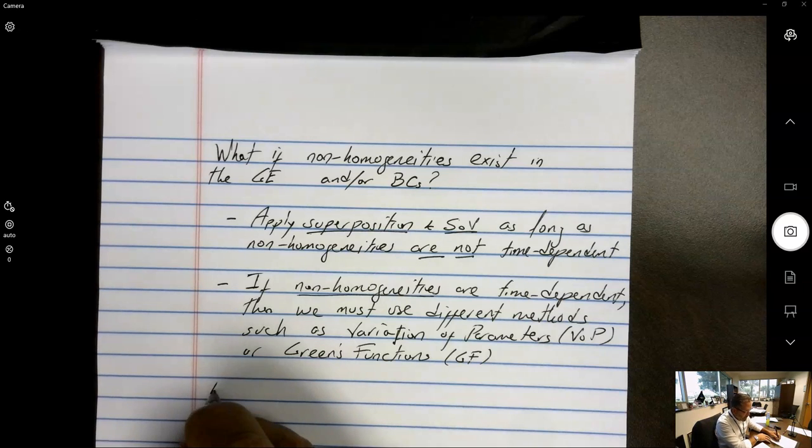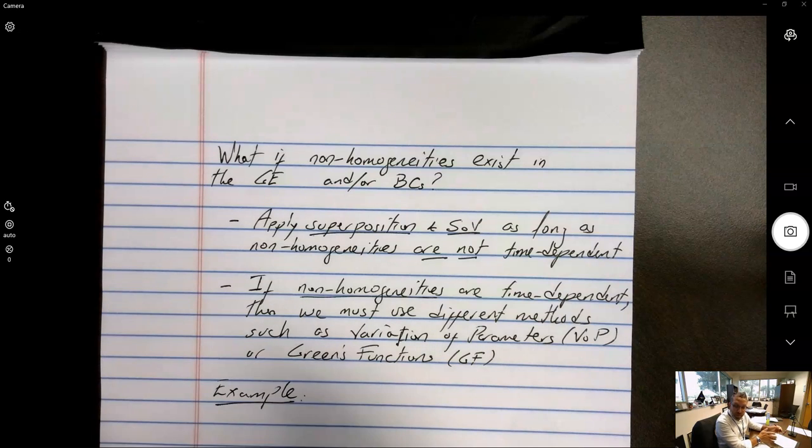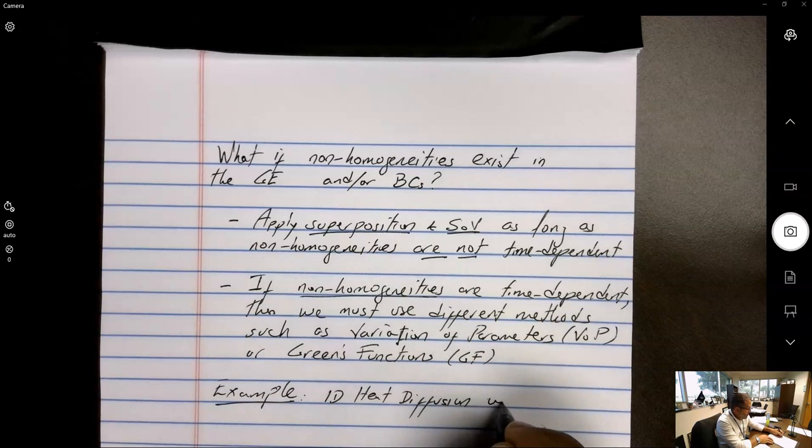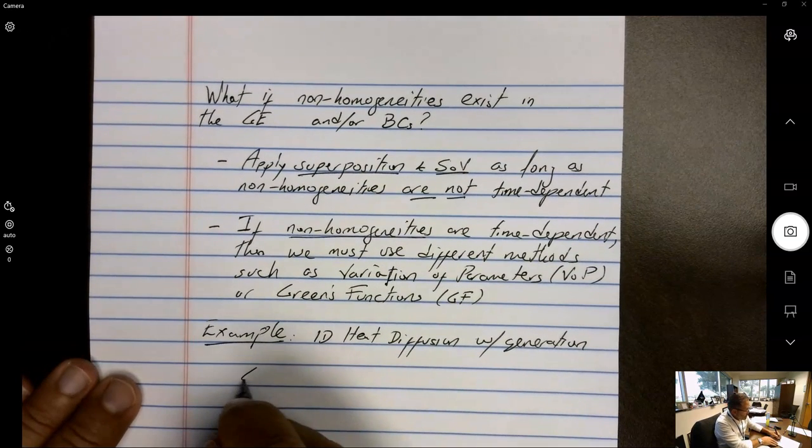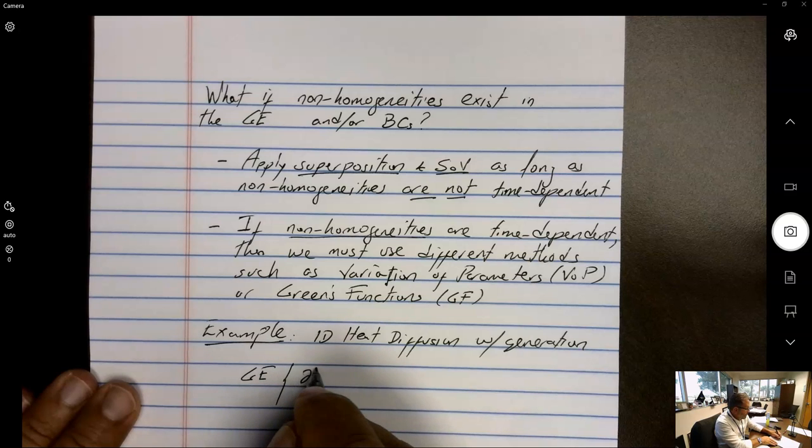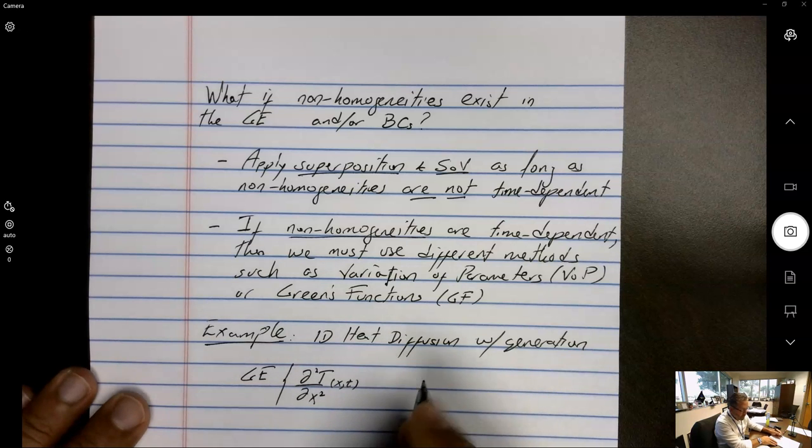So let's look at a quick example. I'll give you a fly through this because this is something that we should know how to do. Let's say that the governing equation is a 1D heat diffusion with generation, and everything is non-homogeneous in this case. The Laplacian is just the second partial of T with respect to x squared.